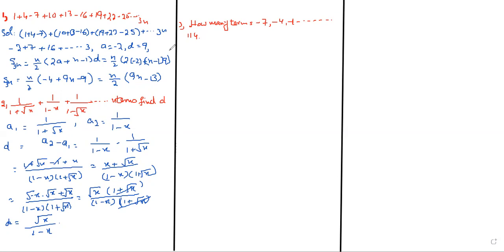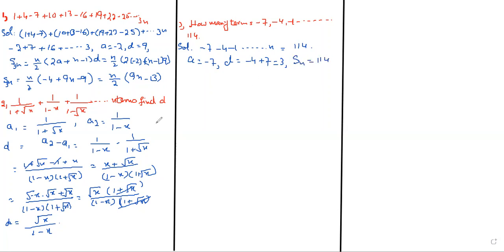So now this is the solution. The terms are minus 7, minus 4, minus 1, and up till 114. So here a equals minus 7. So d equals minus 4 minus minus 7 equals 3, and Sn is equal to 114.